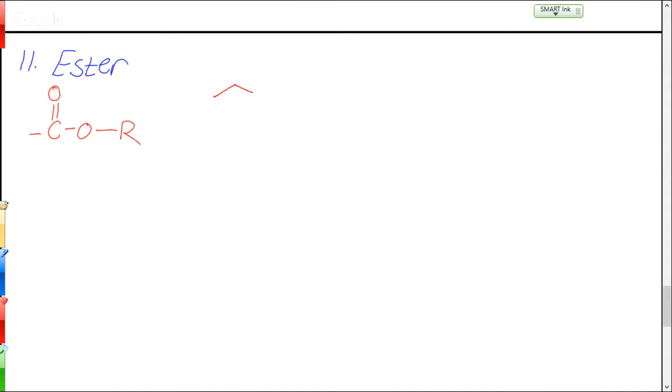So like this one is ethyl butyrate, which is the pineapple flavor or smell. These things are also smelly, but they tend to be good smelling. So things like fruity smells tend to be esters. So what was that one? That was pineapples.